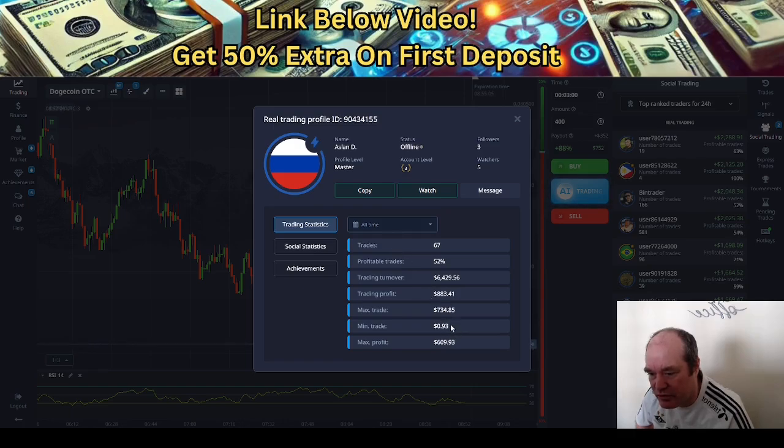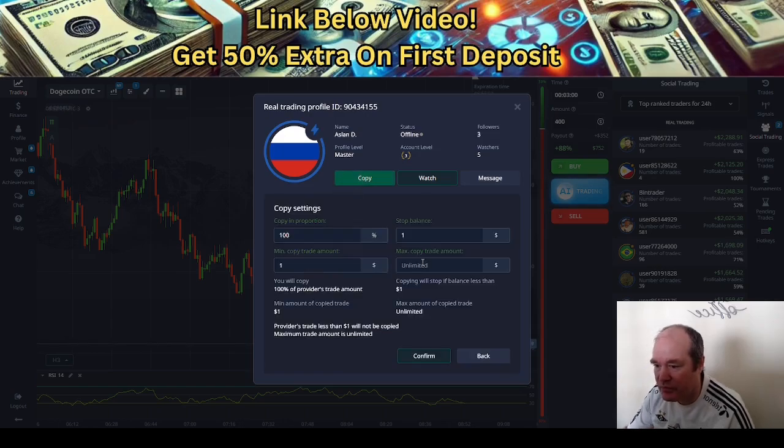His mean trade, okay, but he trades quite hard. But let's do the same. 734, okay. 750. Mean trade, let's put it to 1. We do the same. 50,000 with 10.